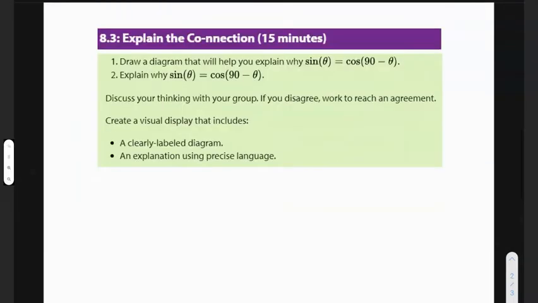Okay, so let's get to the meat and potatoes for this lesson. Exercise 8.3. It says explain the connection. It's a good play on words. Draw a diagram that will help you explain why sine of theta is equal to cosine of 90 minus theta. Well, sure.